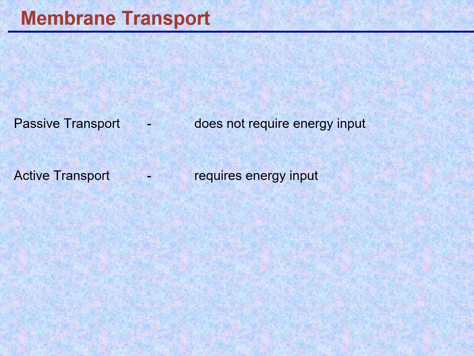Others have to interact with specific receptors before they can move in, or molecules that will open up and form channels to allow them in. Some transport mechanisms require energy, and those are called active transport mechanisms, and some are passive, don't require any energy input. They're passive. Let's talk about the passive ones first.